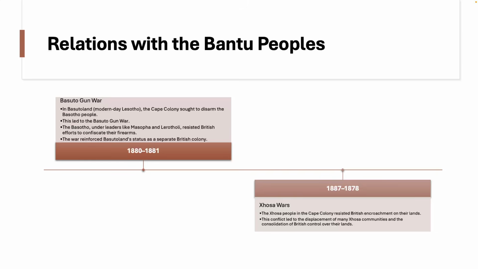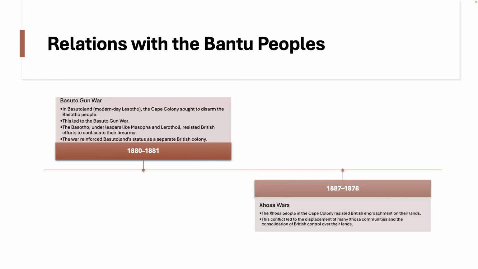The Xhosa people in the Cape Colony resisted British encroachment on their lands, and in 1877, not 1887, the British initiated the Xhosa War to suppress this resistance and to expand colonial territories. The result was the displacement of many Xhosa communities and the consolidation of the British in this land.